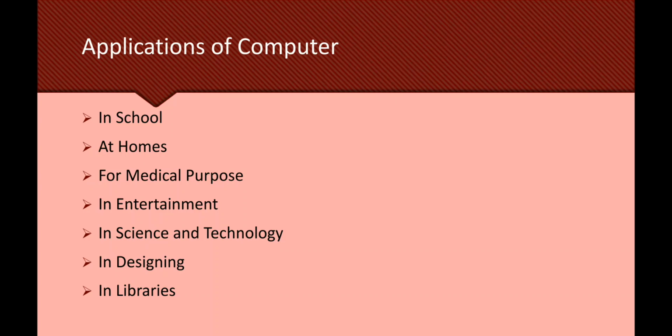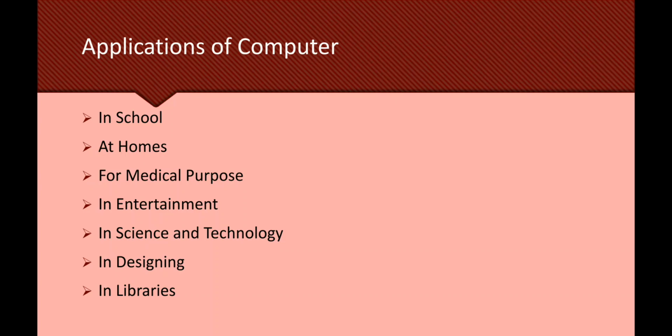Next is the entertainment industry, where old movies are recreated, which can only be done by the computer system. Making animated films and cartoons, as you watch on cartoon networks, these cartoons can only be produced by the computer system.